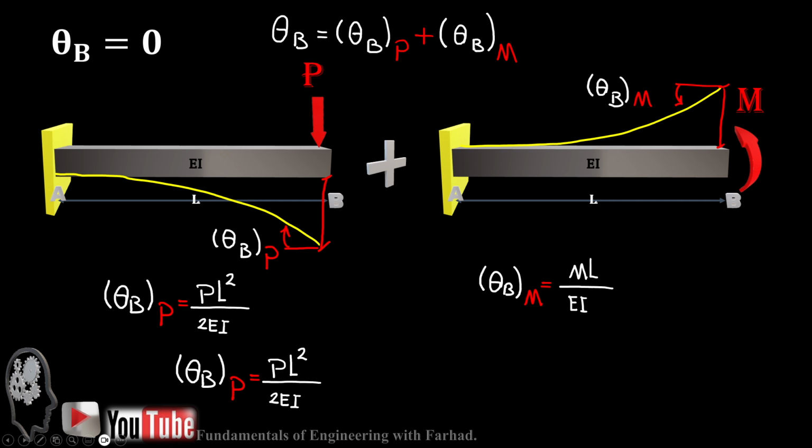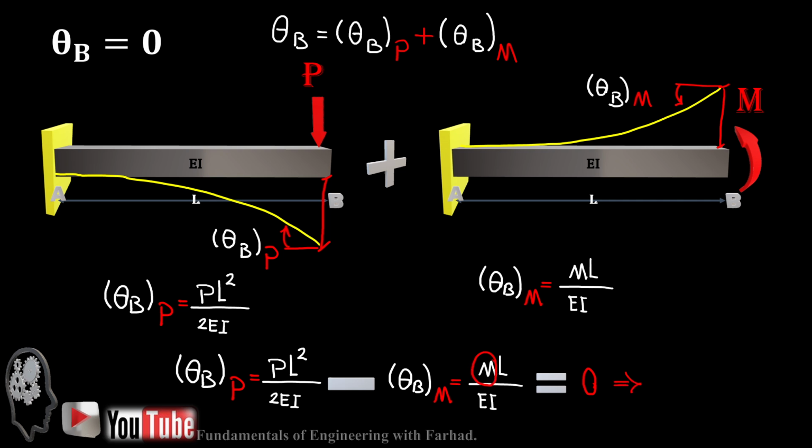Because the directions are opposite each other, we have to subtract them, and it is equal to 0. It can easily give us what M at B is. The only unknown in this equation is M_B, and that gives us M sub B equal to half of PL, or PL over 2.